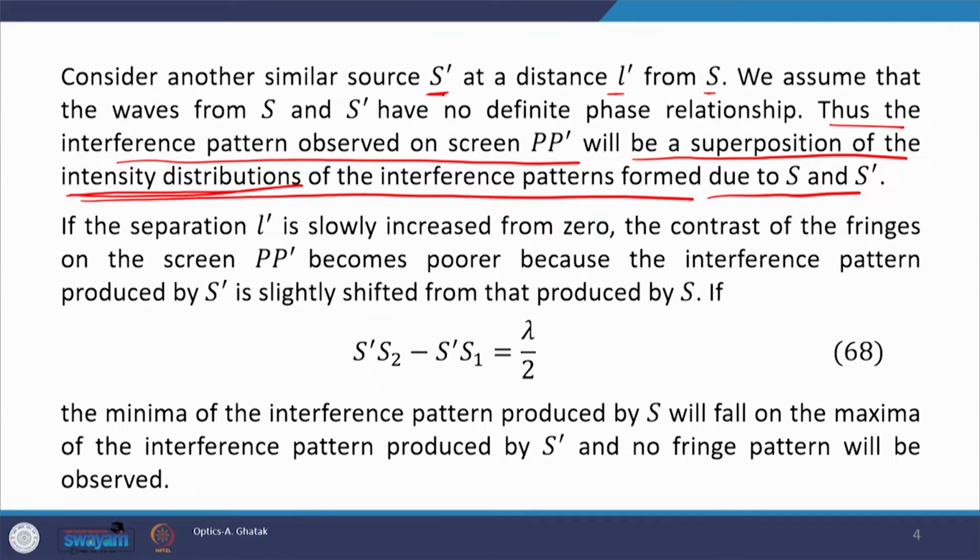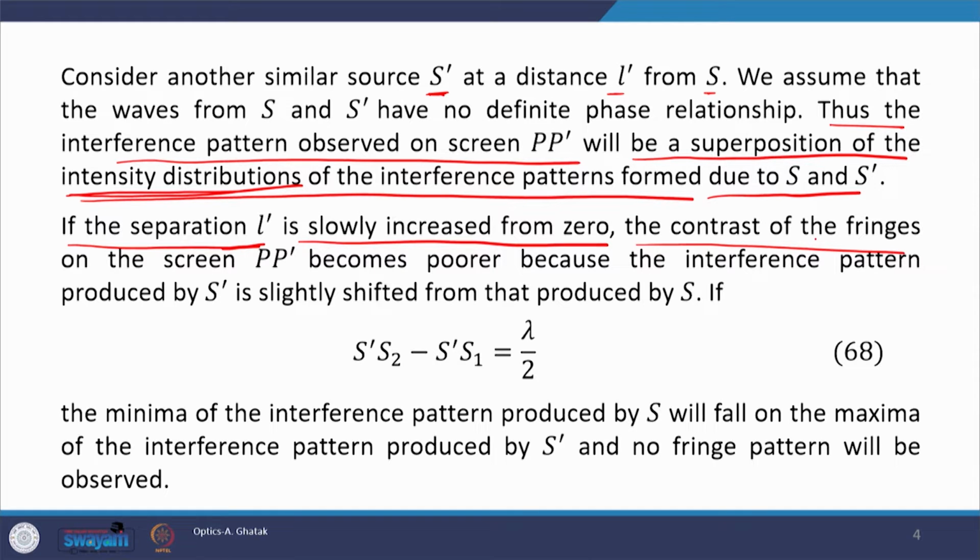Now, if the separation L prime is slowly increased from 0, initially we assume that L prime is 0, which means that S and S prime are sitting at the same point. Therefore, very beautiful fringes of very good contrast would be observed. But if we slowly increase L prime, if we start displacing the source S prime from S, then what will happen?